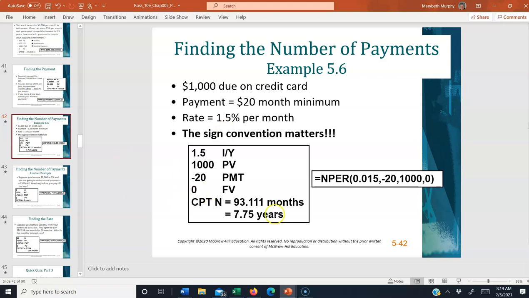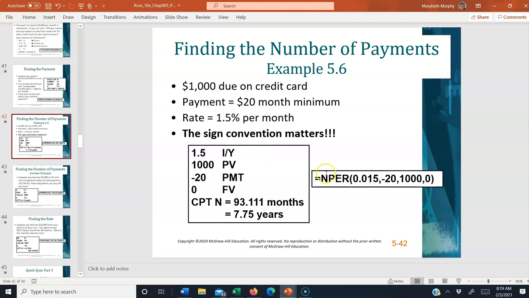So it's going to take us over 7 years to pay off at the minimum payment, and we borrowed $1,000, and we're going to end up paying back $1,862. Don't want to do that if you can get around it.